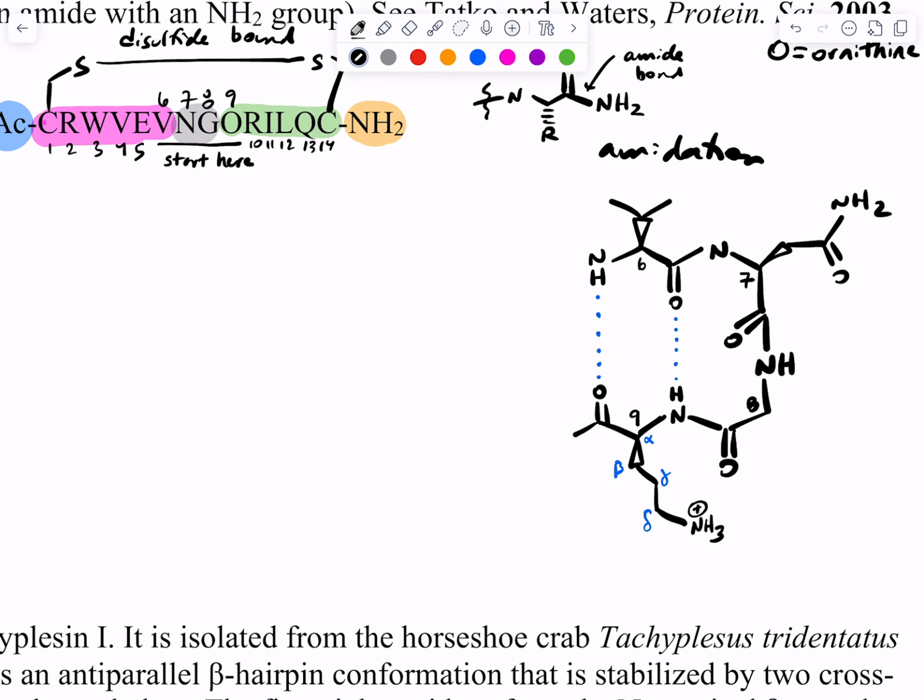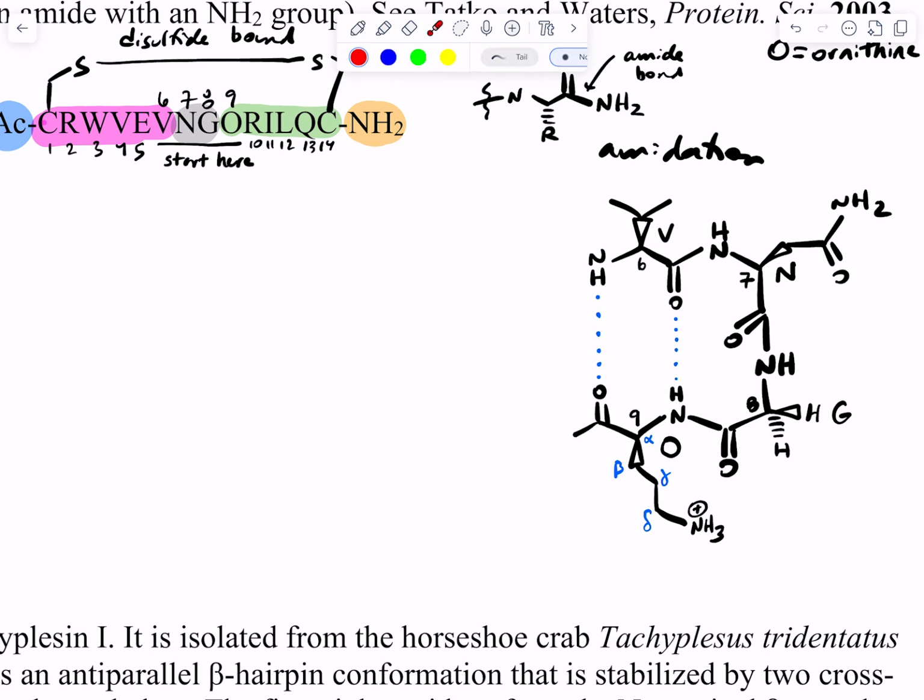Of course, because amino acid 8 is glycine, there is no side chain. I'm showing you the two hydrogens there just to illustrate. And it looks like I've left off the H on the asparagine residue. So this is our V, N, G, and then the one letter symbol for ornithine is O.